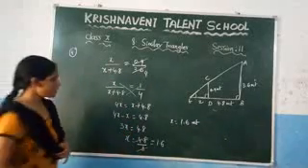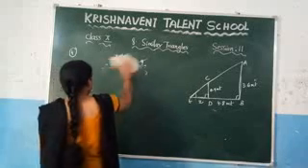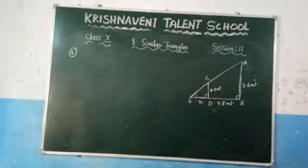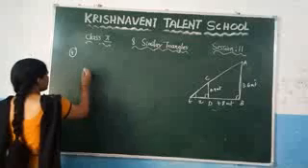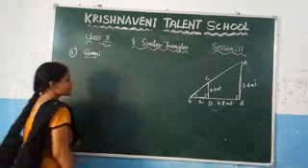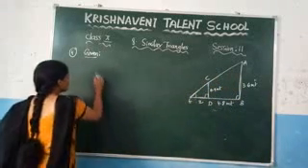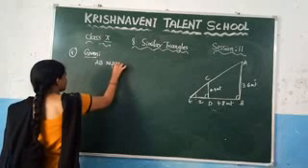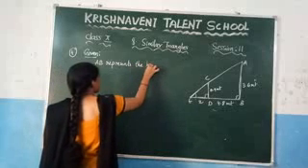Now write this one. So here, how to write this one? Given, what is given here? AB is nothing but the height of the lamp post. So given AB represents the height of the lamp post.